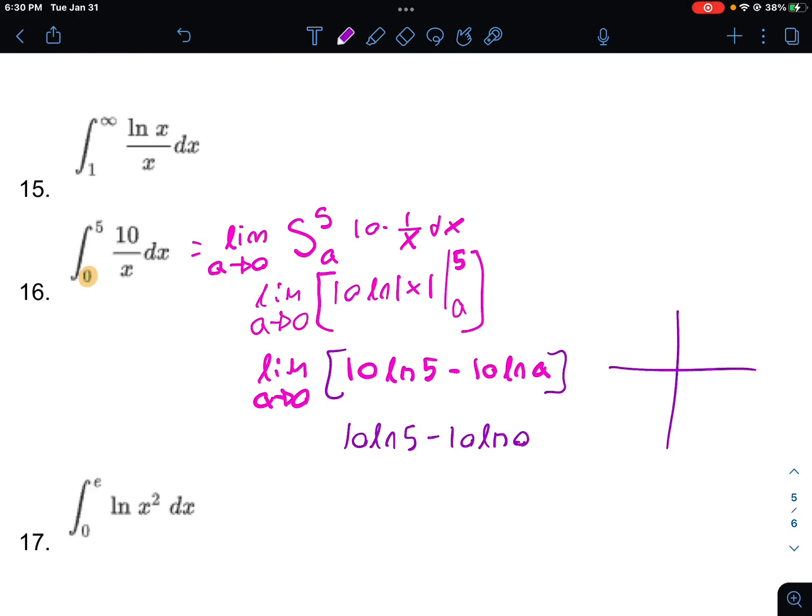So let's draw it out. From the right-hand side, this function is approaching negative infinity. From the left-hand side, it's not approaching anything, so we can't even take the one-sided limit.